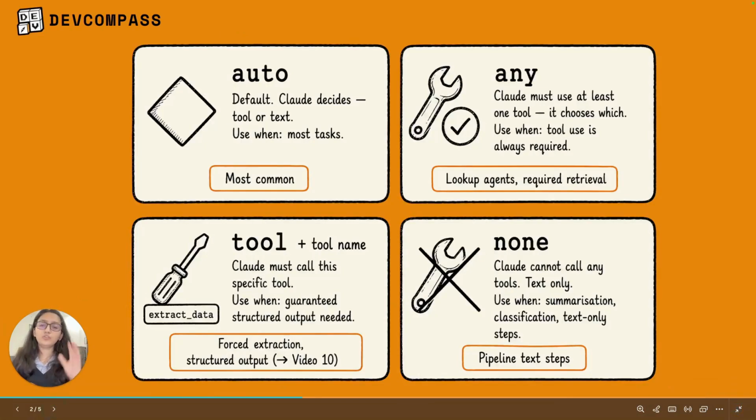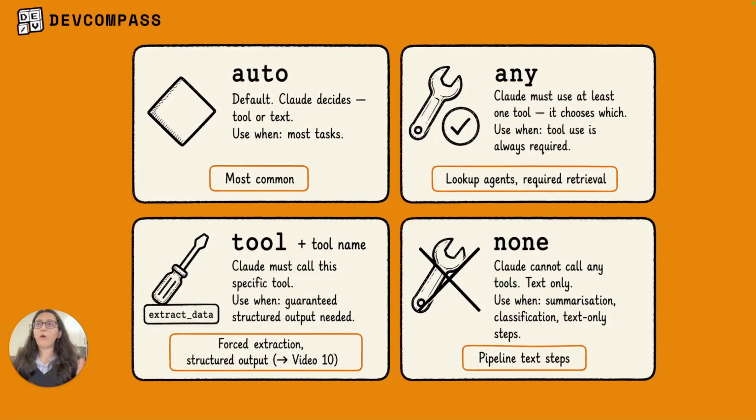First, tool choice has 4 options: auto, any, tool, none. Auto is the default. Claude decides whether to call a tool or respond in text based on what the user message actually requires. Most of the time, this is what you want, and that is why we have added the tag most common. Then, any.